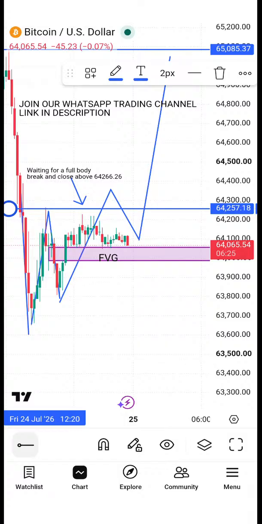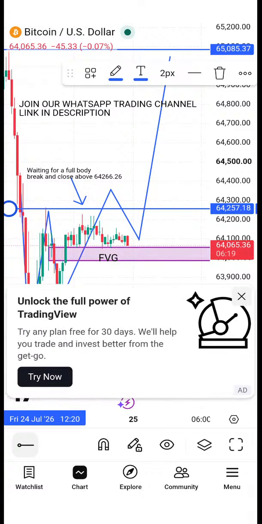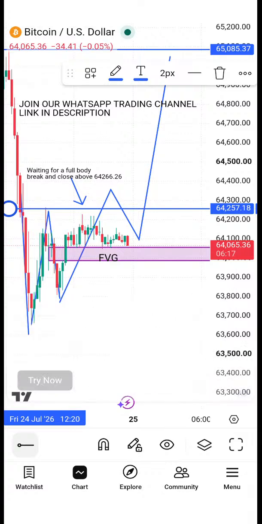I'll just be watching the market, maybe watching a movie on the side or doing something else, but monitoring the screen, looking at what the market is doing, so that I don't miss an opportunity. I don't want to miss this opportunity.